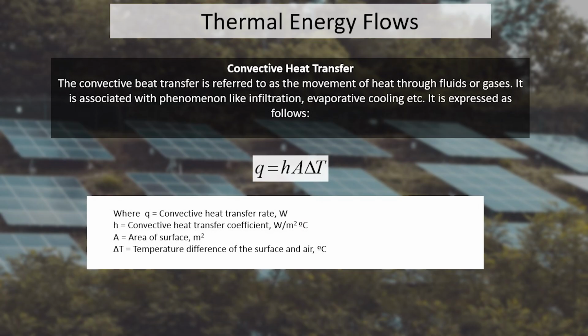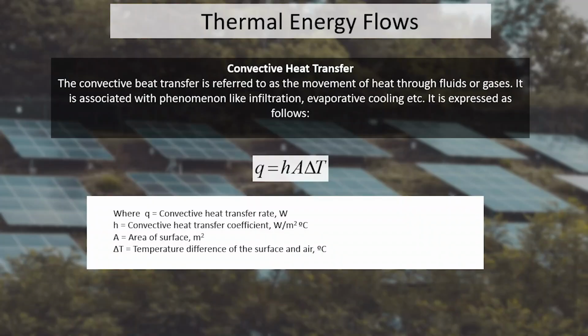It is associated with phenomena like infiltration, evaporation, cooling, etc. It is expressed as q equals h A delta T, where small q is the convective heat transfer rate in watts, small h equals the convective heat transfer coefficient, capital A is the area of the surface, and delta T is the temperature difference between the surface and air in degrees centigrade.